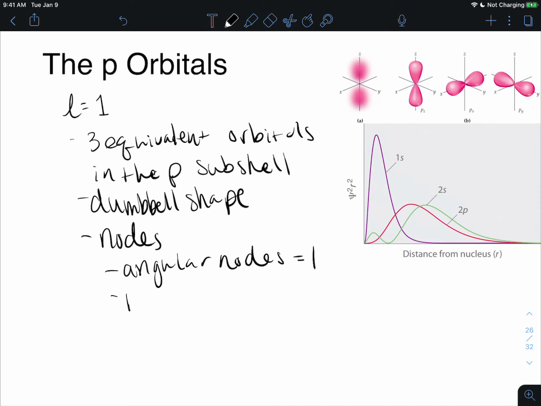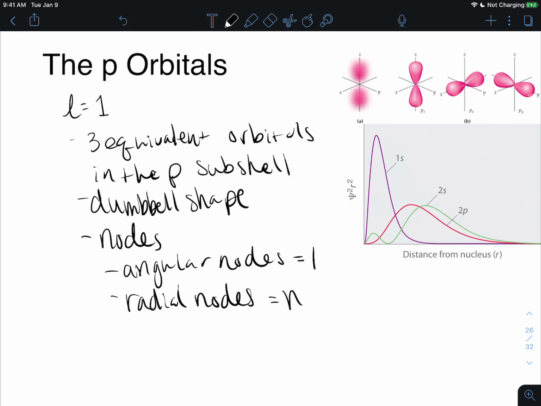And then our radial nodes will have the same equation, where n minus L minus 1 will give you the number of radial nodes. And then our total nodes, since we have both angular and radial nodes, is going to be equal to n minus 1.